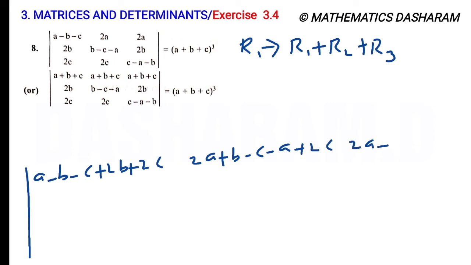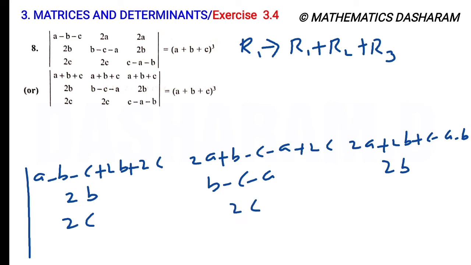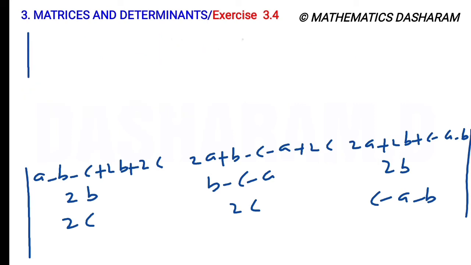Next, 2A plus 2B plus C minus A minus B. So then here 2B, here B minus C minus A, 2B. So 2C, 2C, C minus A minus B. Now it is equal to A minus B minus C plus 2B plus 2C. Simplification is A plus B plus C.